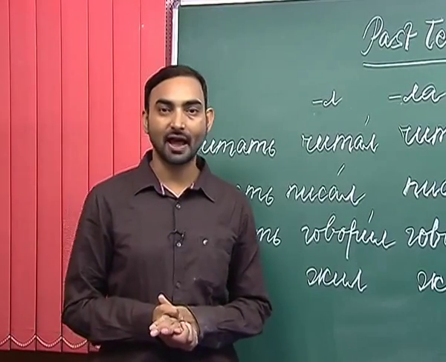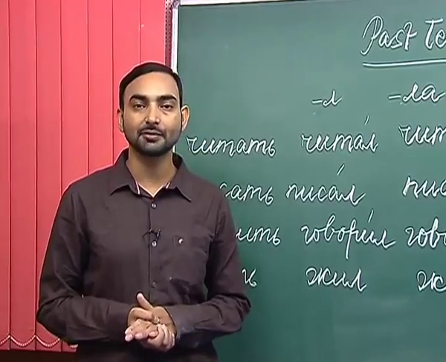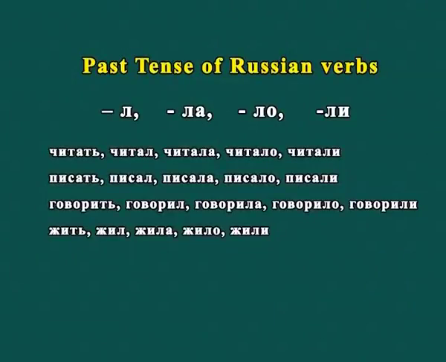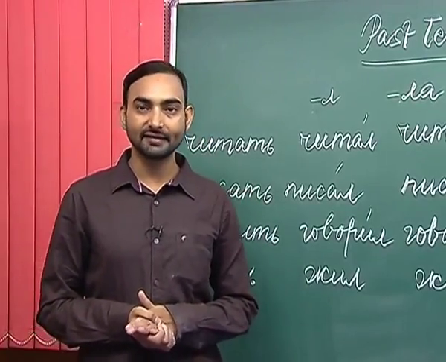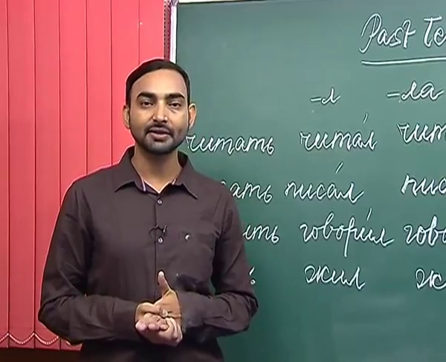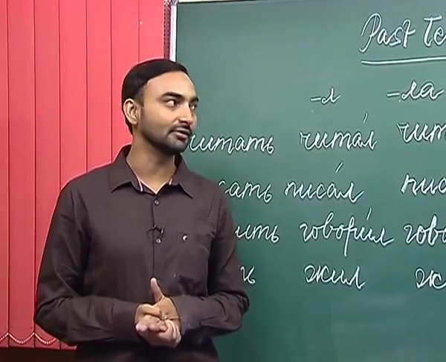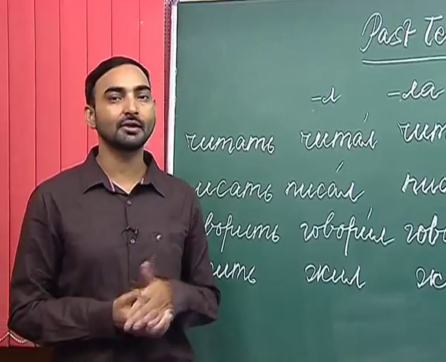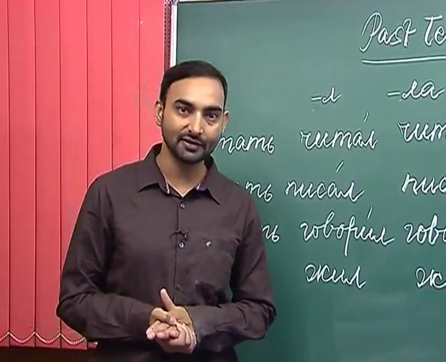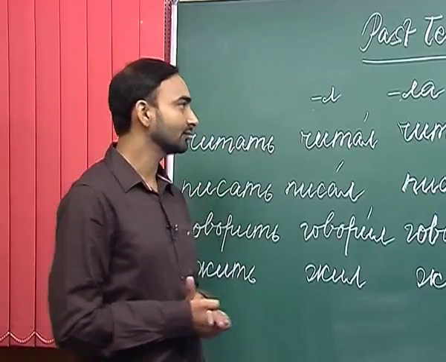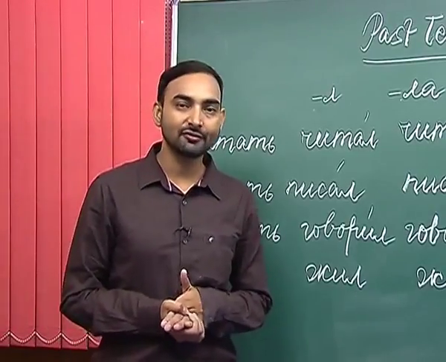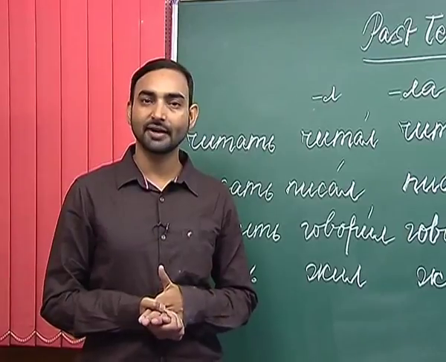The next topic we have is the past tense of verbs in Russian. How do we denote the past tense of verbs in Russian? Russian verbs change their form as per the gender and number. If the number changes, their form changes, and if the gender changes, their form also changes. The formation of past tense forms is very easy.